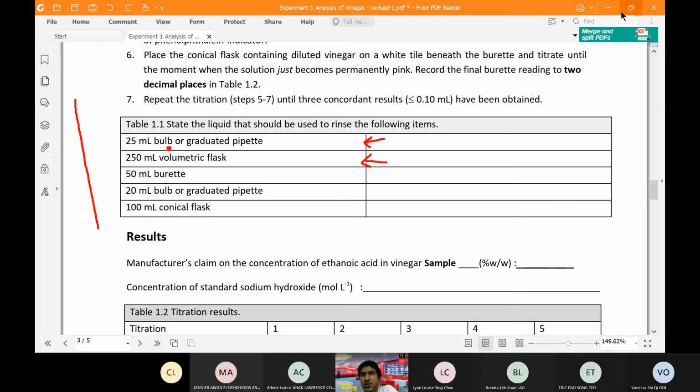Why don't I just show you the graduated pipette?